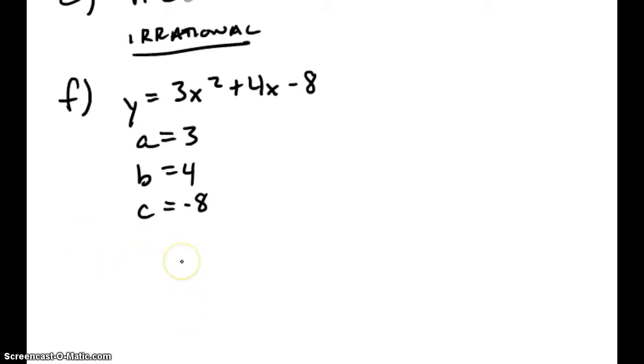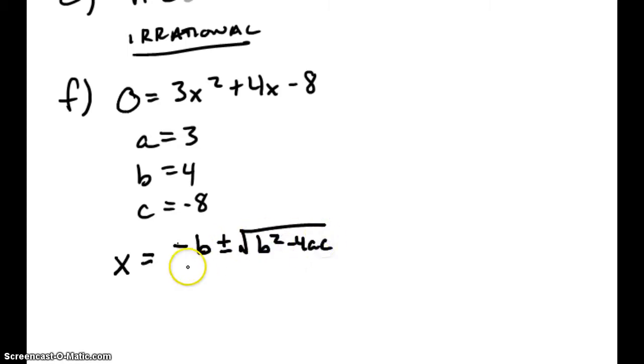Now, if I want to solve this for 0, if I want to know the zeros, I'm going to use the quadratic formula. So y is 0 when x is equal to negative b plus or minus square root of b squared minus 4ac all over 2a.